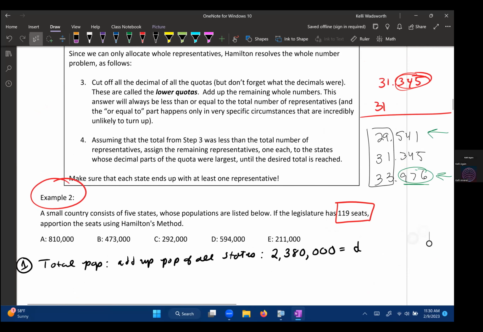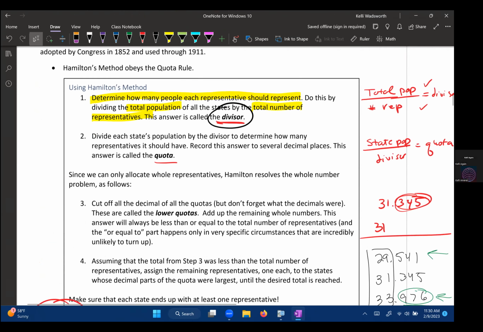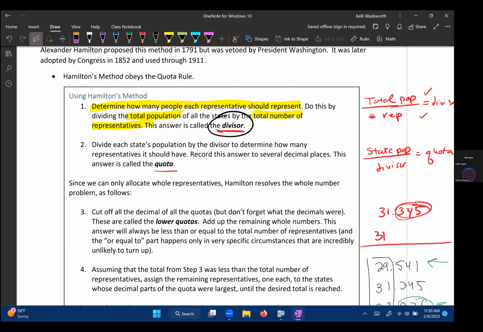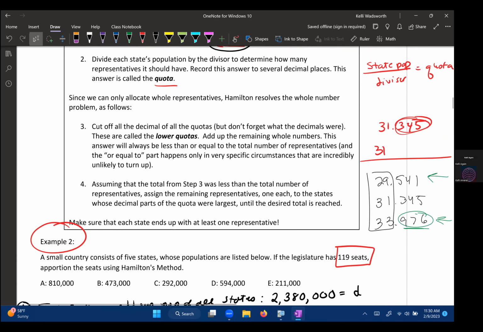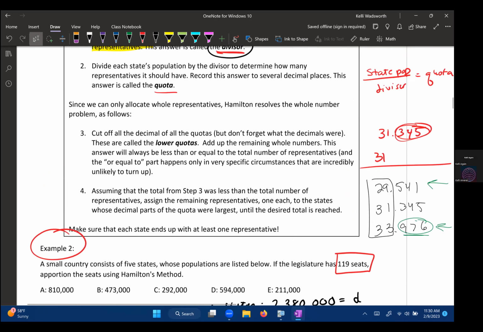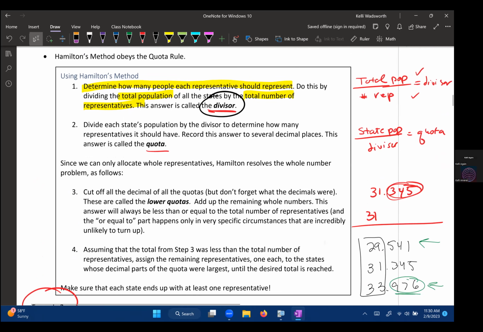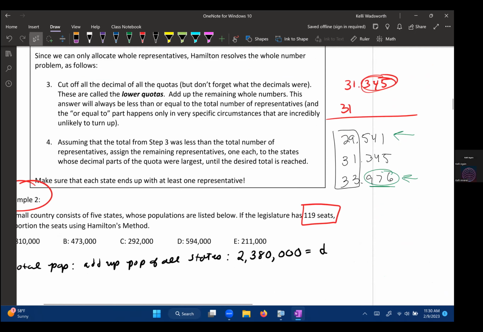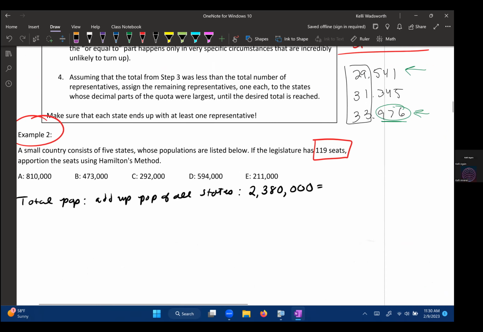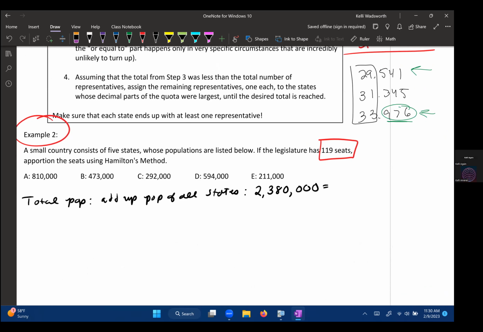So that number is the divisor. Stop it. Hey, stop it. What is happening here? Wait, is that the divisor? Oh, no, that's just the total. Oh my gosh. Hello, Kelly. No, that's just our total population. That's not the divisor. I don't know what I'm thinking.